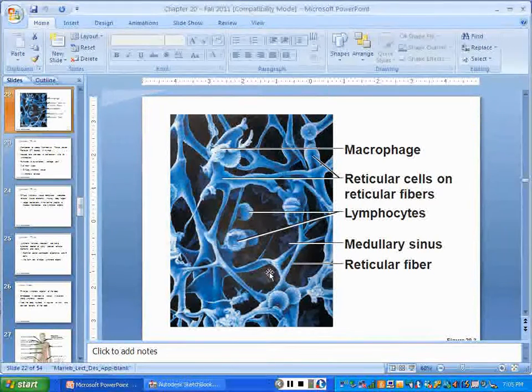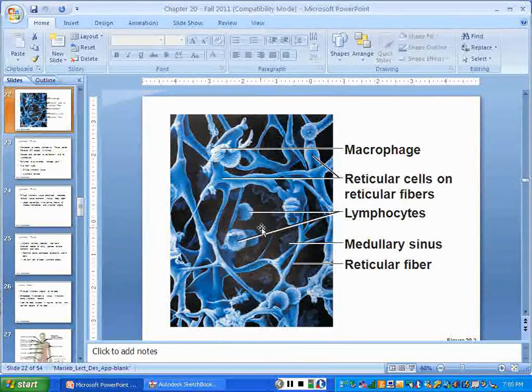Let's say this was a lymph node, material would come through there, and the white blood cells would be located there so that they could detoxify it. Maybe if they were phagocytes, they could eat it up. Maybe they could release some antibodies. They could do whatever they need to do. So the concept is reticular connective tissue has lots of spaces so that the immune system cells can migrate through there and do what they need to do.